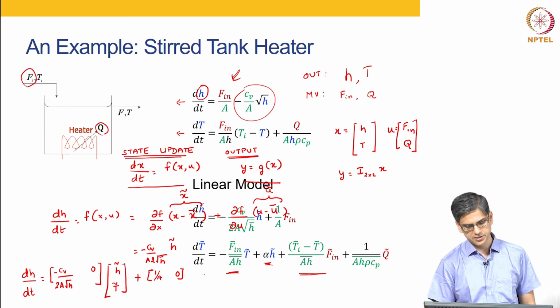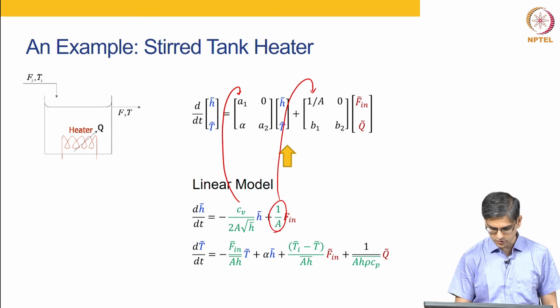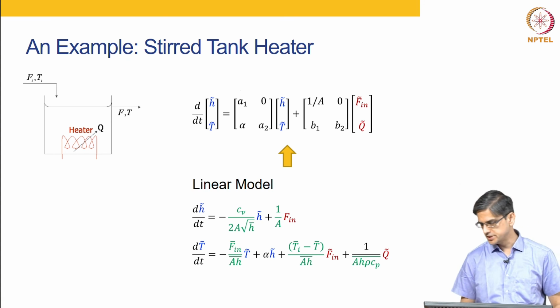Likewise, you will linearize this with respect to Q, and you get a term like this, and when you put it all together, you are going to get a linear model of this sort. Again, this is straightforward linearization, we won't go too much into the details.